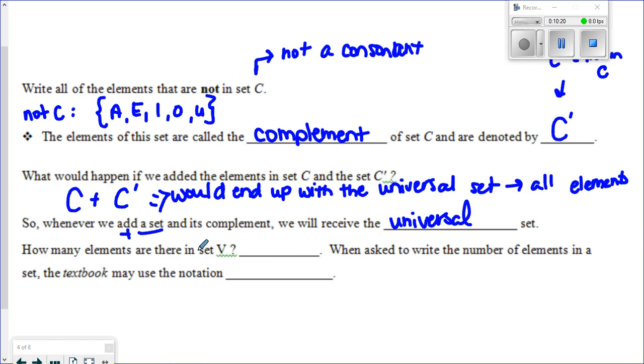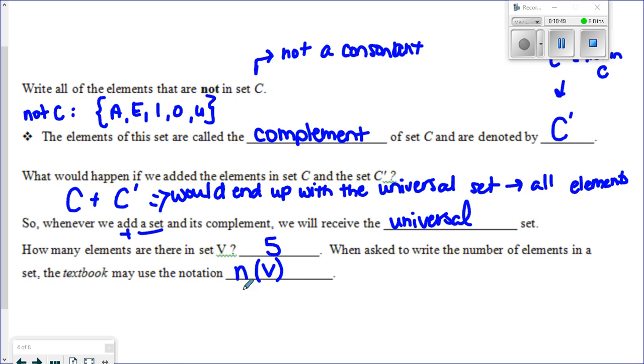How many elements are there in set V? Set V was vowels. So how many things are there in V? This is a counting thing. If you count A, E, I, O, U, there are 5 elements in set V. When asked to write the number of elements in a set, the textbook, and I think one of the worksheets, does this, it'll say N(V).